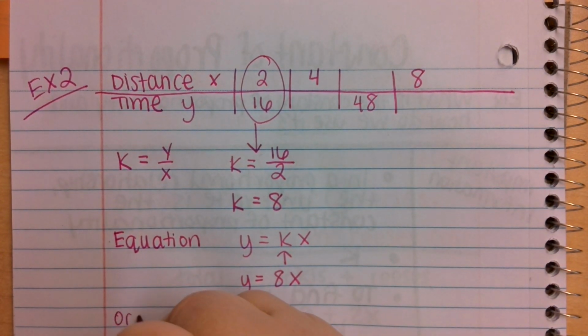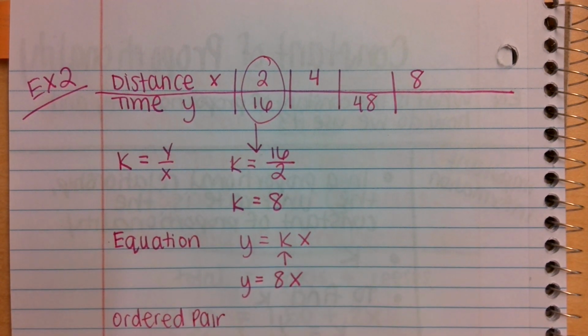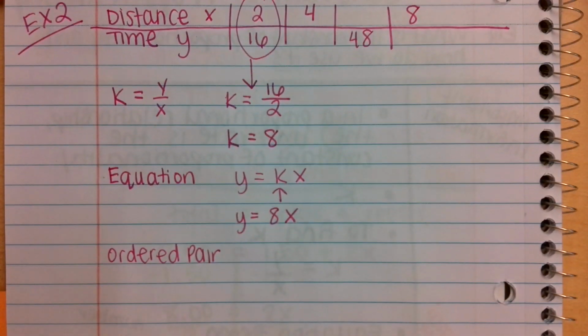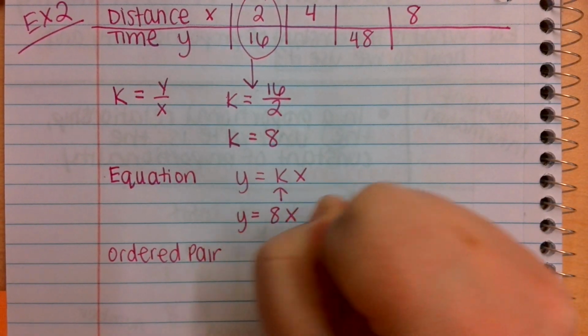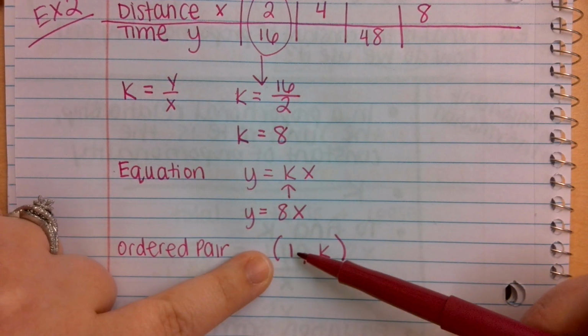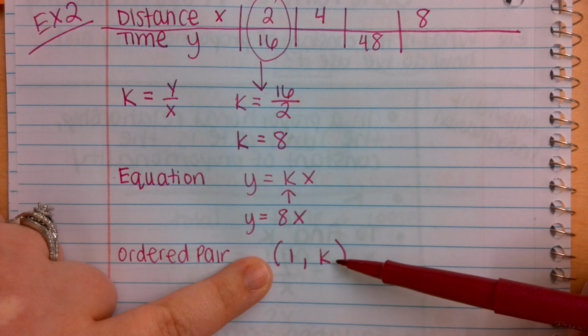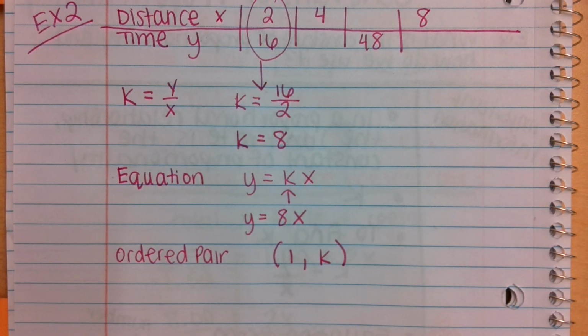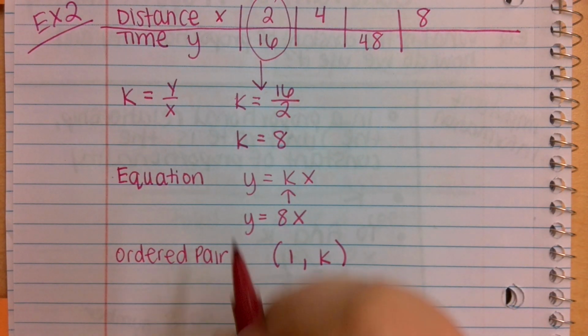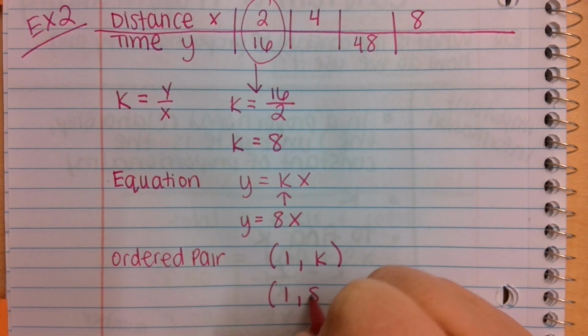Now our ordered pair. We need to figure out 1 comma k. So 1 is our unit rate, so we know in one distance how much time was spent. So we would use our k, which is 8, so 1 comma 8.